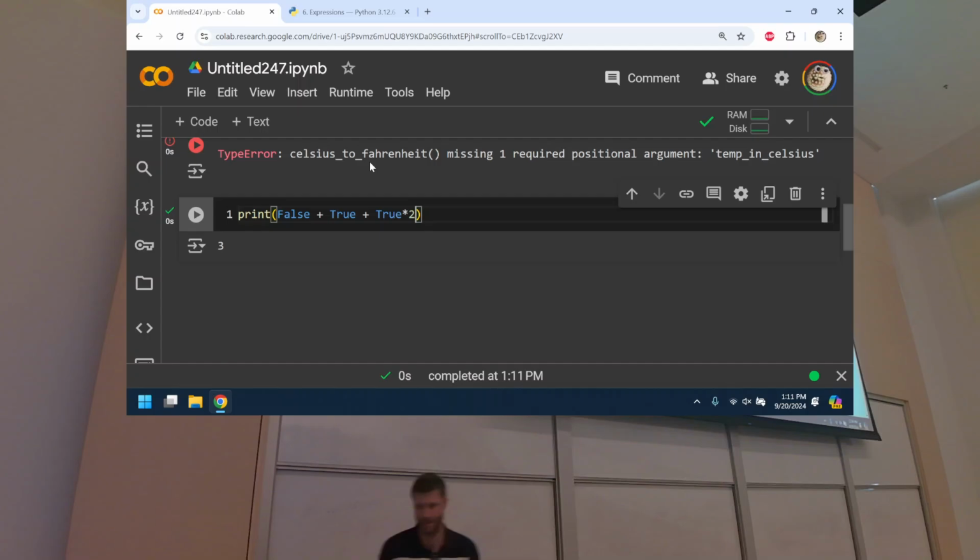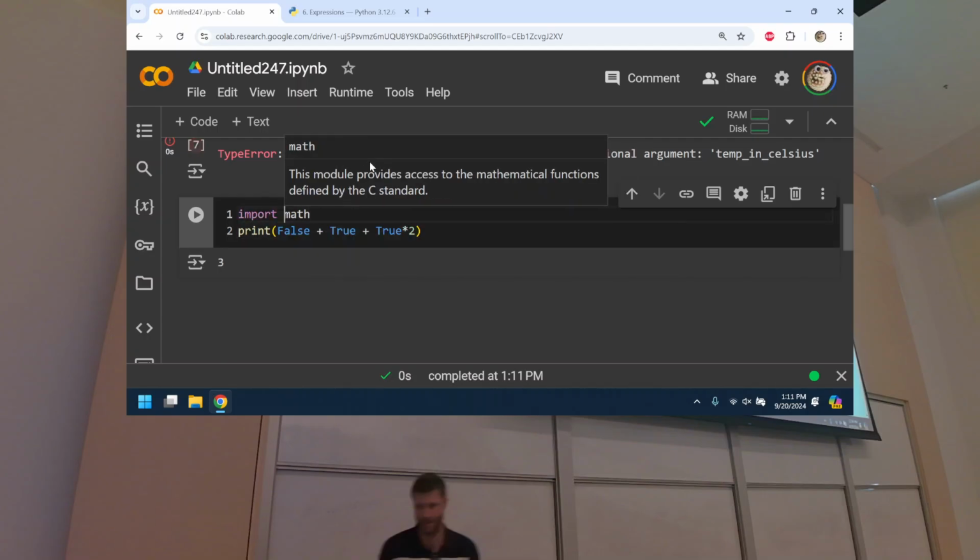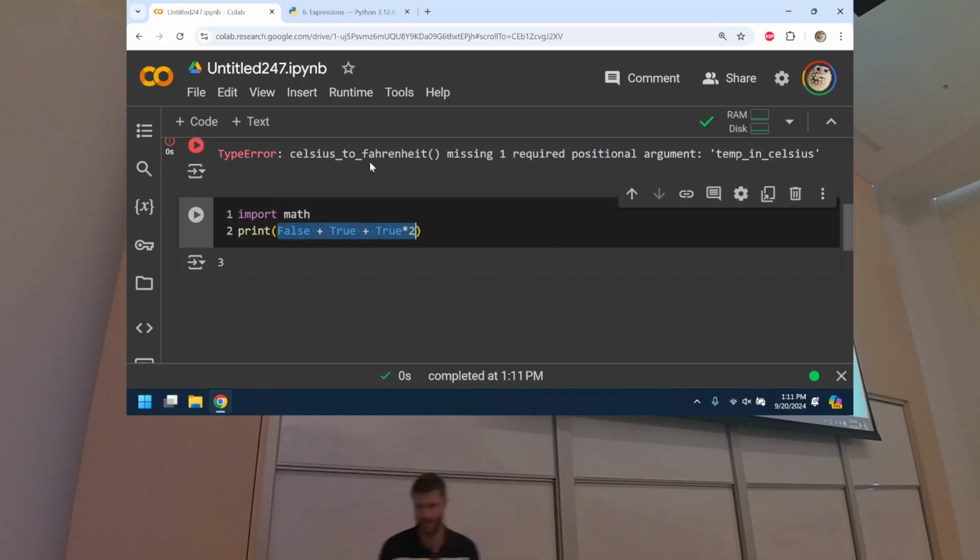You're probably never going to write this unless you're showing people how weird this is. Square root of true. Everyone knows that the square root of true is 1, right? I mean, it's the float one, though.